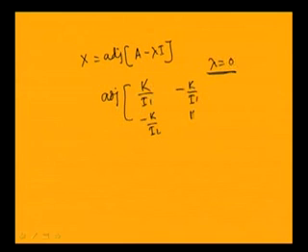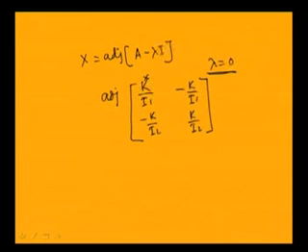So, I have to find the adjoint. As lambda equal to 0, I have to find the adjoint of this matrix. I can write first the cofactor matrix, and the transpose of the cofactor matrix will give the adjoint. For finding the cofactor for this position, you suppress this row and this column, so it becomes k by I2.